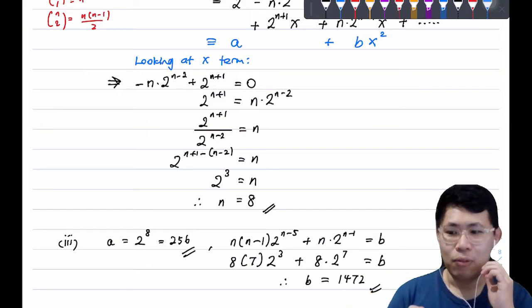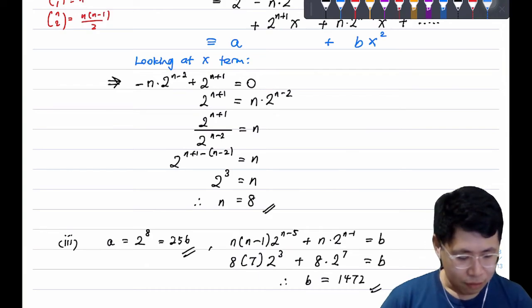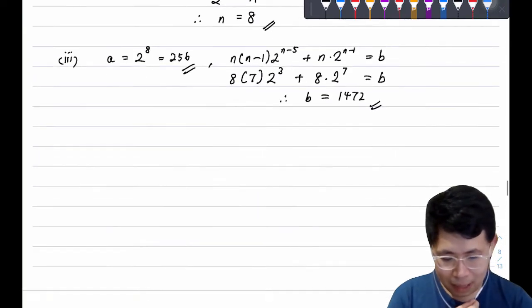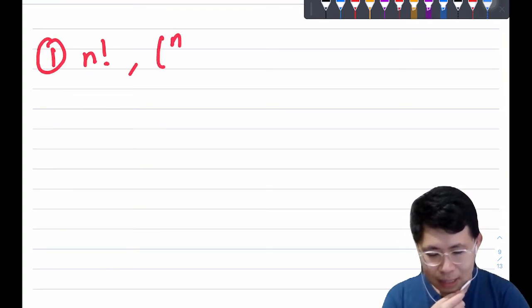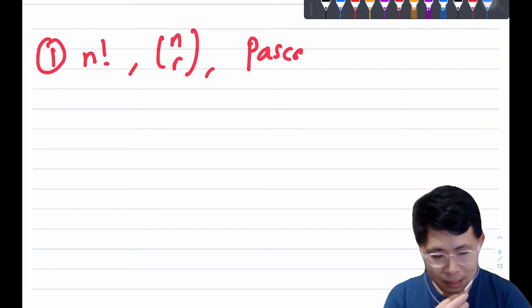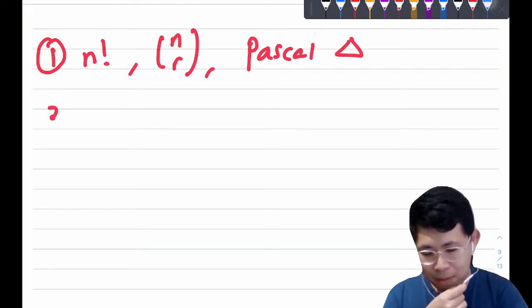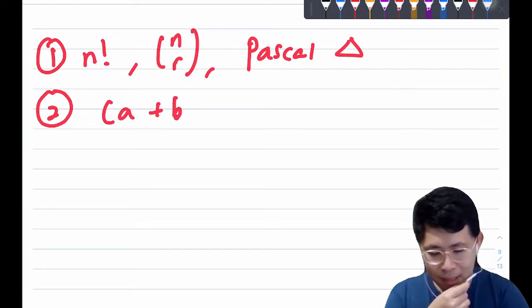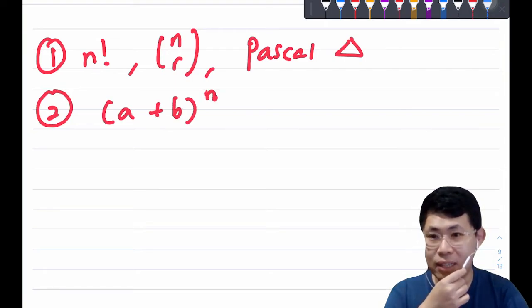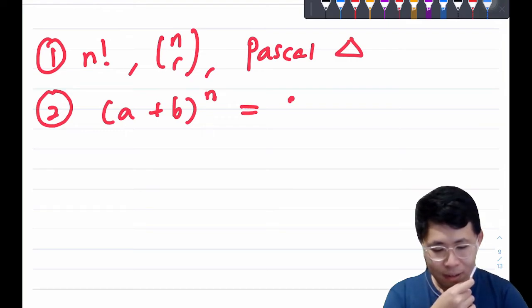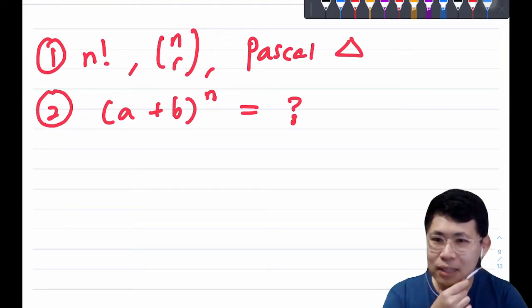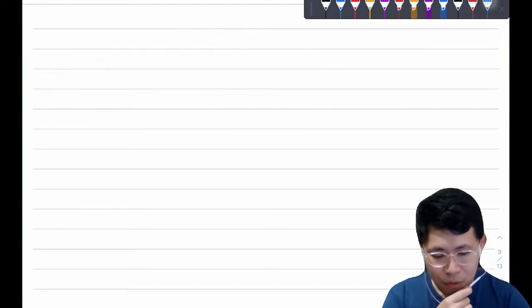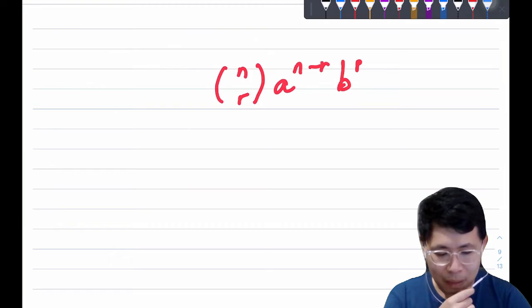One more thing I want to summarize for this chapter. For the first part, we have the n factorial notation, the n choose r notation, and the Pascal triangle. In part 2, we did a simple expansion generically, and we observed a pattern, which is actually the general formula in the form n choose r, a to the power of n minus r, and b to the power of r.